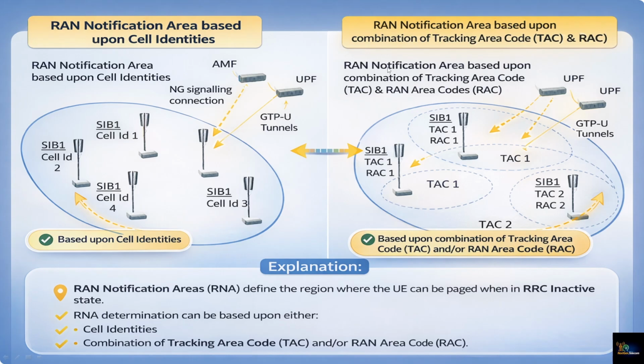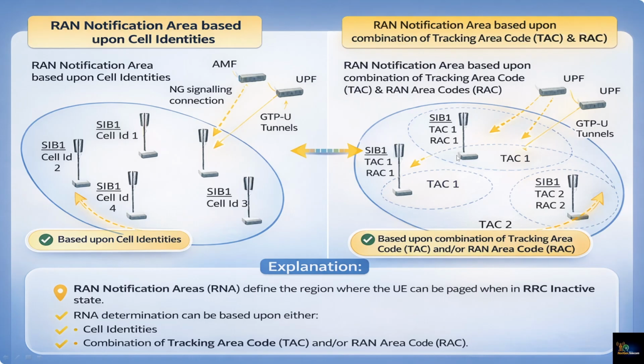The RAN notification area can also be based upon a combination of tracking area codes. How is the RAN notification area defined by these two entities? First the tracking area code, second the RAN area code, meaning RAC. When we combine these two entities, they define the RAN notification area.